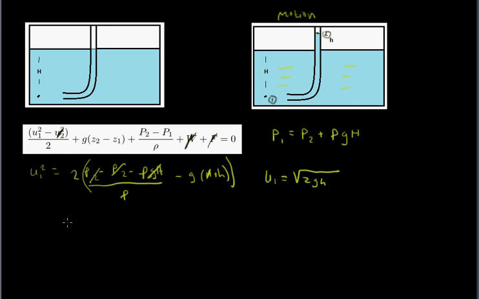Now, I mentioned earlier that in a more realistic situation, you're going to be given the pressure measured with a pressure transducer, which is just going to be gauge pressure. So if we're doing a problem like that, then just a little bit of manipulation. So we're no longer going to call this point 2.